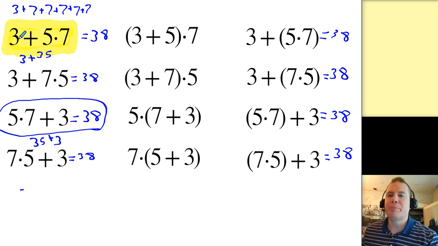Multiplication is repeated addition. So if I write that out the long way and I have only addition, I could have gone 7 plus 3 is 10, 10 plus 7 is 17, 17 plus 7 is 24, 24 plus 7 is 31, 31 plus 7 is 38.